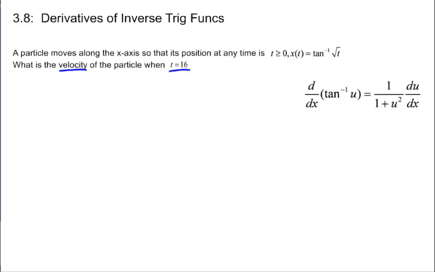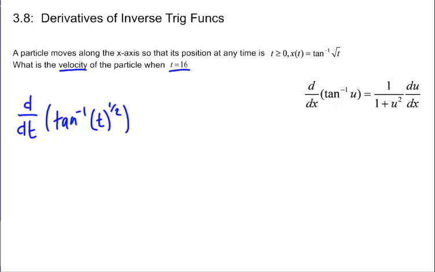So take the derivative of the arctan. Actually, this would be the derivative of the arctan of t to the 1/2 power. So if we're going to do this, what do we do? We follow our rule over here.